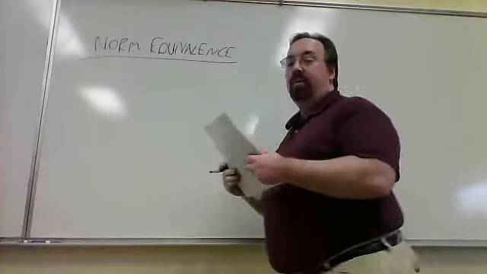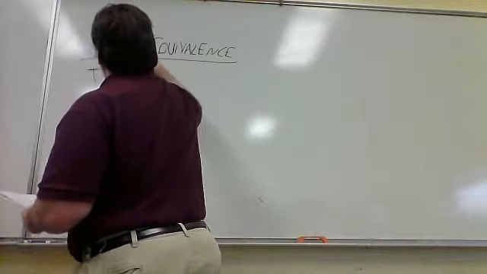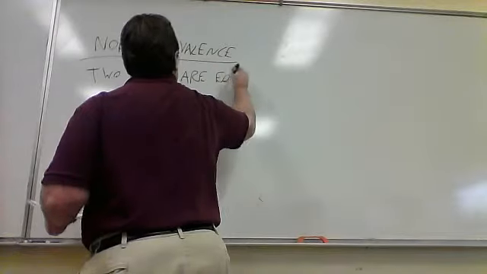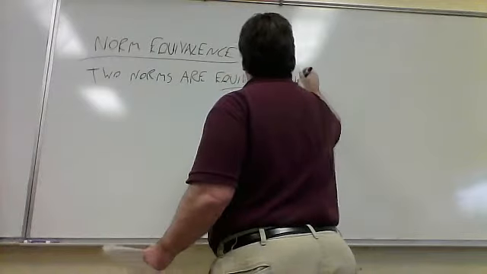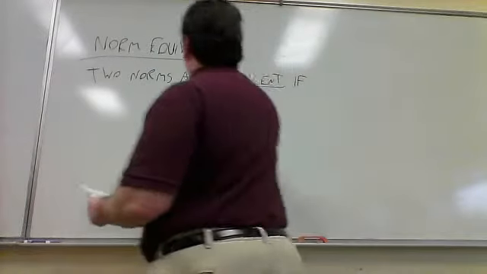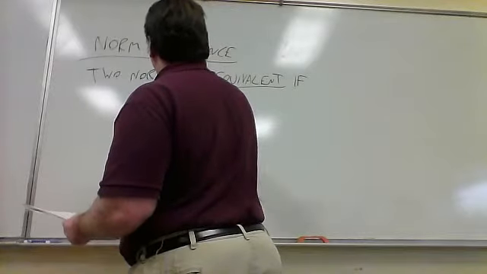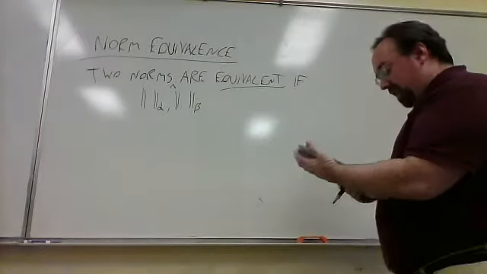Okay. So we say that any two vector norms are equivalent if, actually, I need to define what these norms are. So, for instance, suppose I have a vector norm that I'll call the alpha norm, and another norm that I'll call the beta norm.